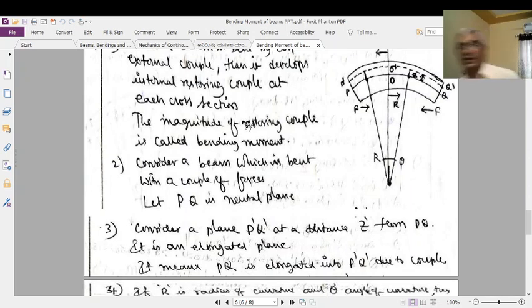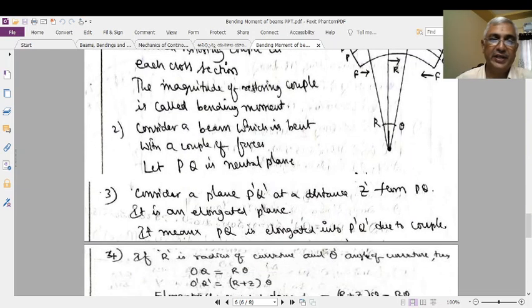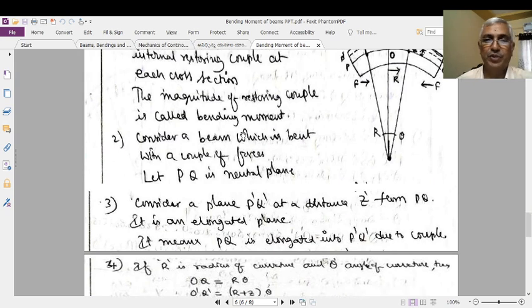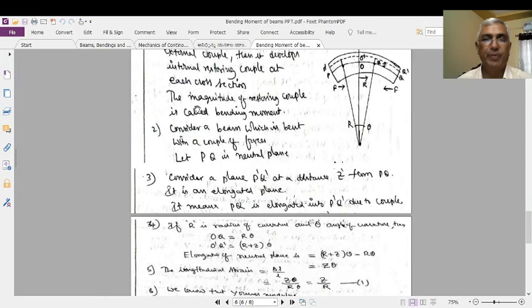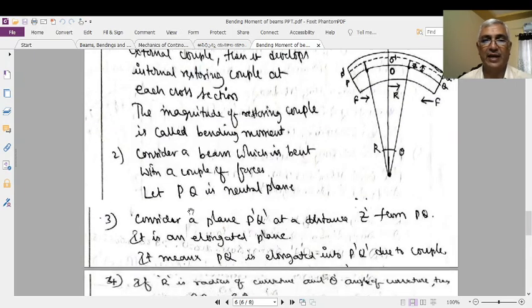Next, all these things are explained to you. In the beginning, consider a beam which is bent with a couple of forces. Let PQ be the neutral layer. We observe that the upper layers are expanded and the lower layers are contracted.